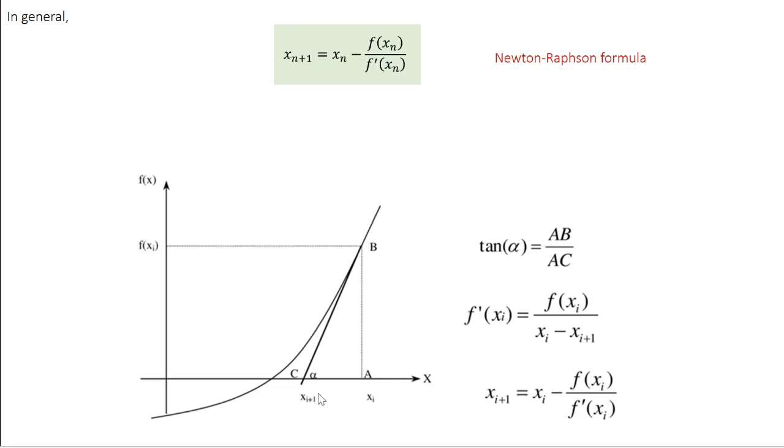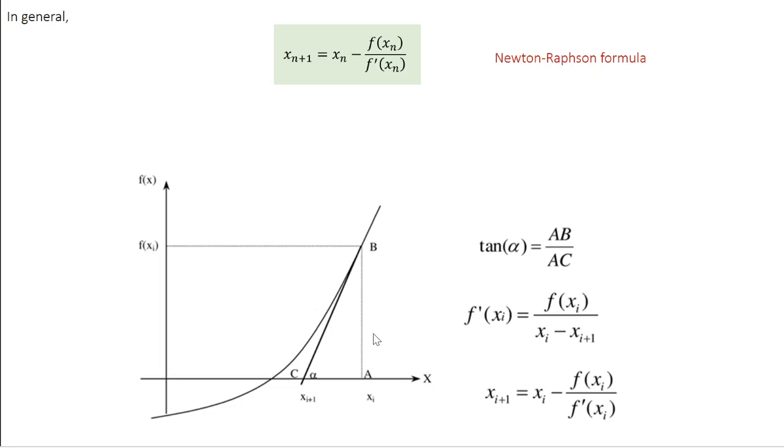Point A is xi, point C is xi plus 1, so AC is xi minus xi plus 1. So f prime of xi equal to f of xi divided by xi minus xi plus 1. So you can interchange these two terms and rearrange, you get xi plus 1 equal to xi minus f of xi divided by f prime of xi. This is your Newton-Raphson formula.